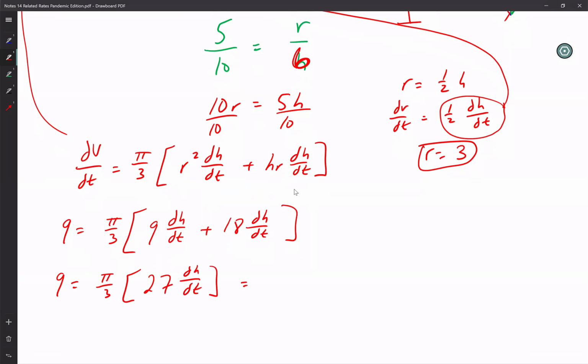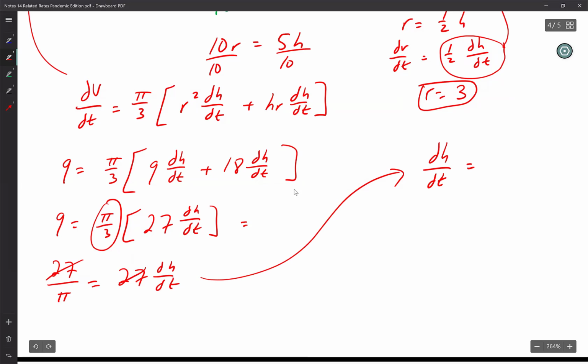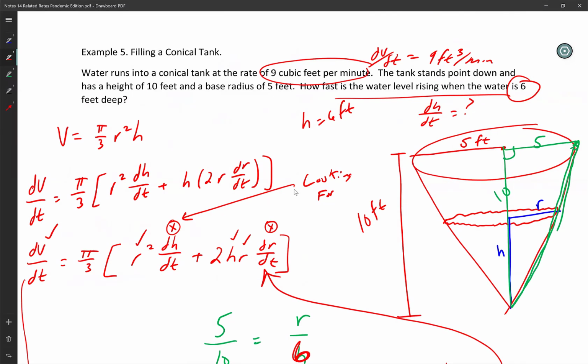And if you want to combine the 27 and the 3, I would multiply by the reciprocal. So 27 over pi equals 27 dh/dt. And those 27s cancel out. So dh/dt is equal to 1 over pi. And I need units. Feet per minute.